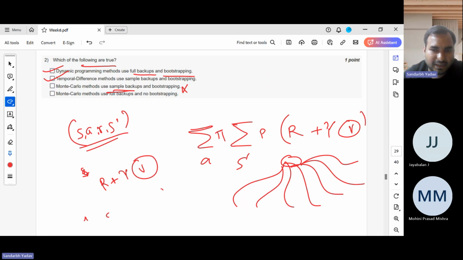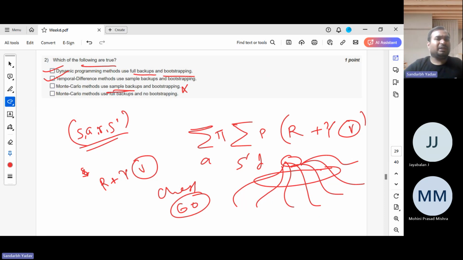So in complex games like chess and Go, the tree is so large that you cannot try out every trajectory, and that too till the end. So whatever is feasible, we maybe sample some of the trajectories and go till a certain depth only. And then we do the planning accordingly. So accordingly, you can get the answer. I hope there is no doubt in this one.